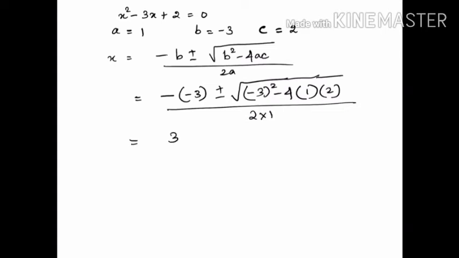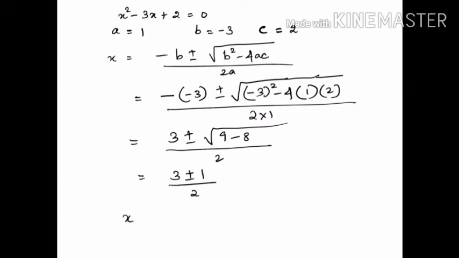Now simplify 3 plus minus under root 9 minus 8 divided by 2. 9 minus 8 is 1 and square root of 1 is 1. So 3 plus minus 1 divided by 2. So the two roots are 3 plus 1 divided by 2 and 3 minus 1 divided by 2. On simplifying, we get x equal to 2 and x equal to 1.